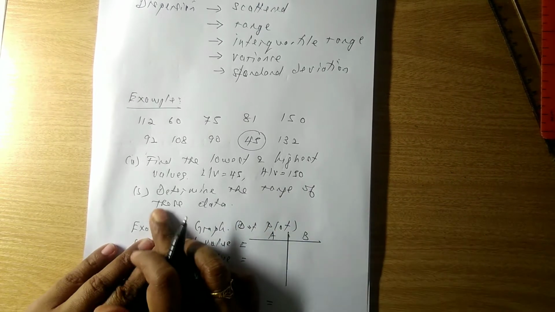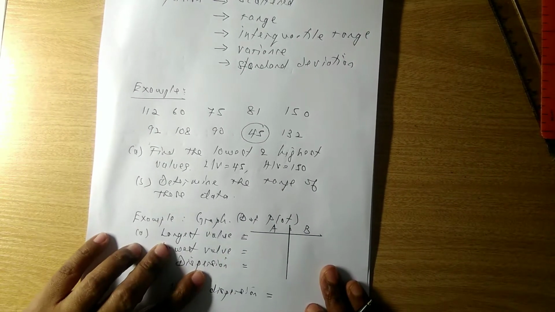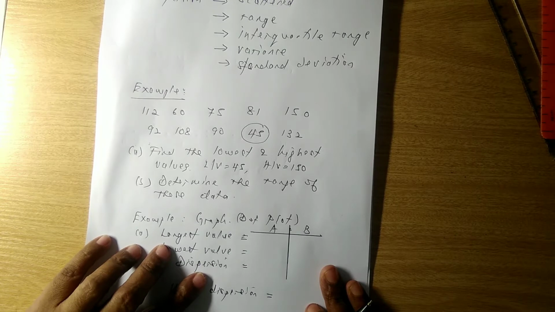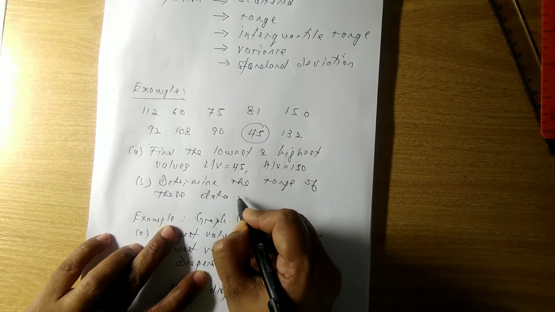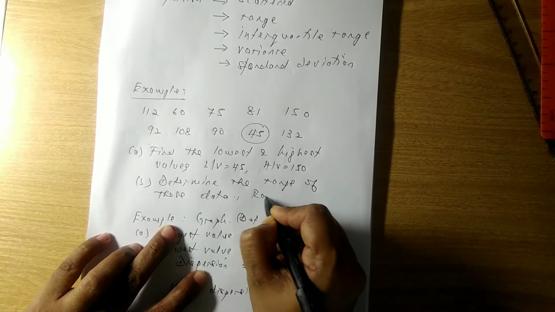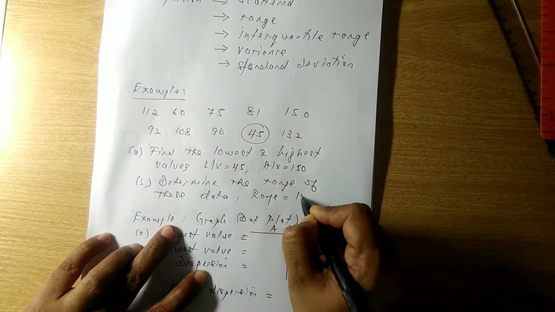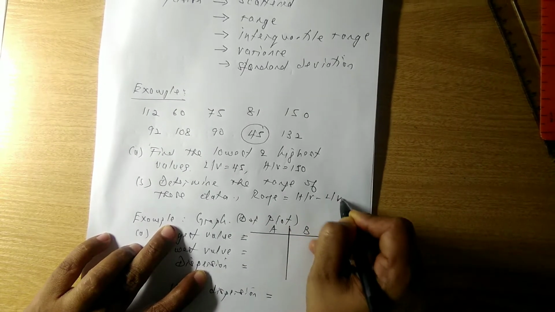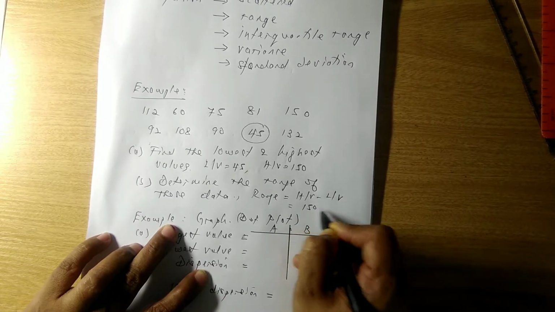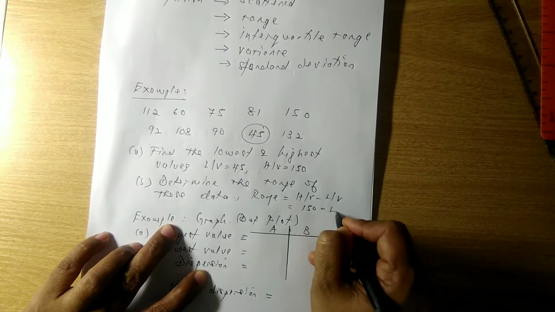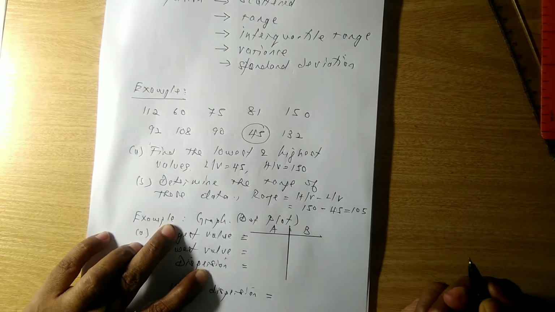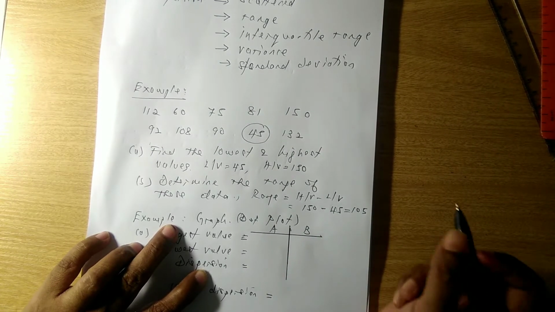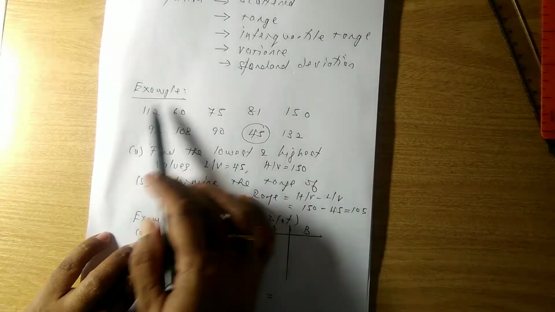Now the question wants you to determine the range, or the difference between these values. The range is the highest value minus the lowest value, which is 150 minus 45. That gives me 105. So that's the difference, or the range, between the values in this table.